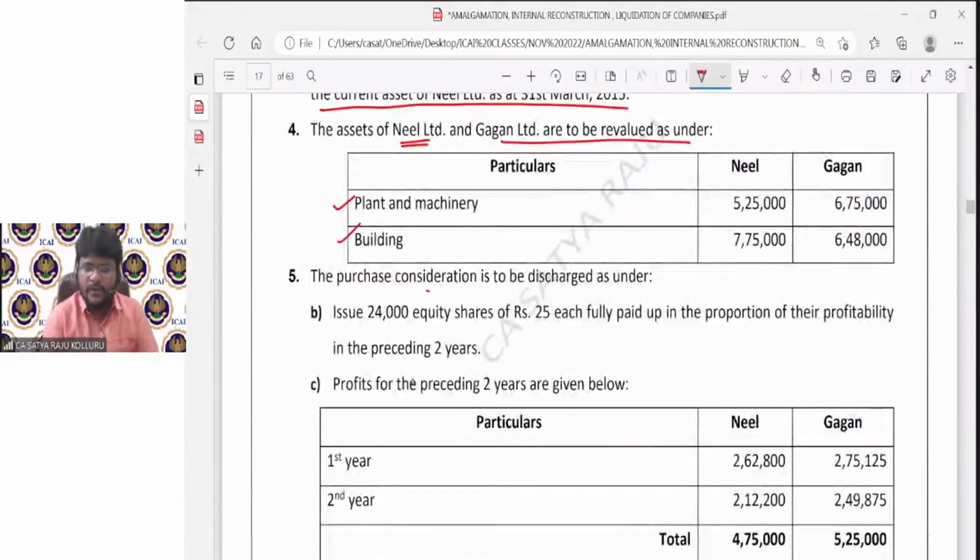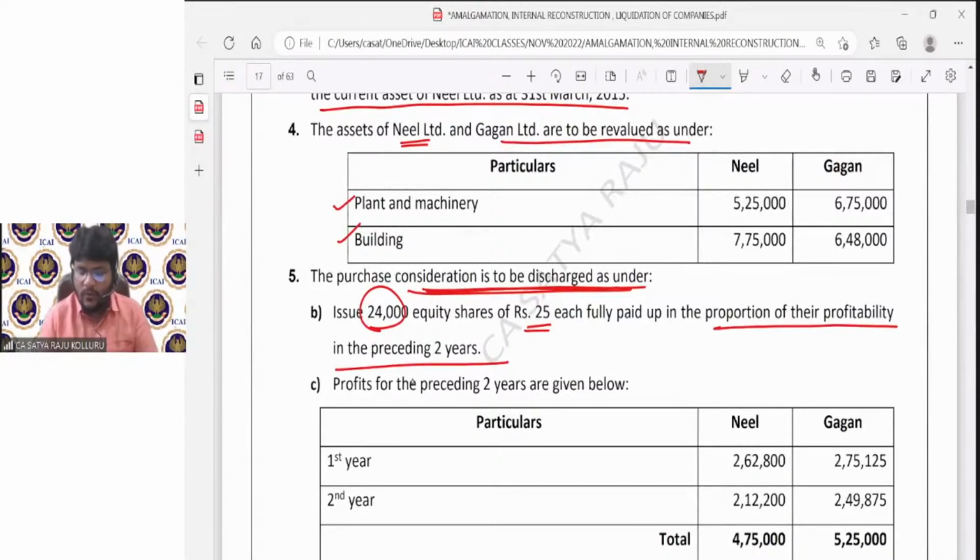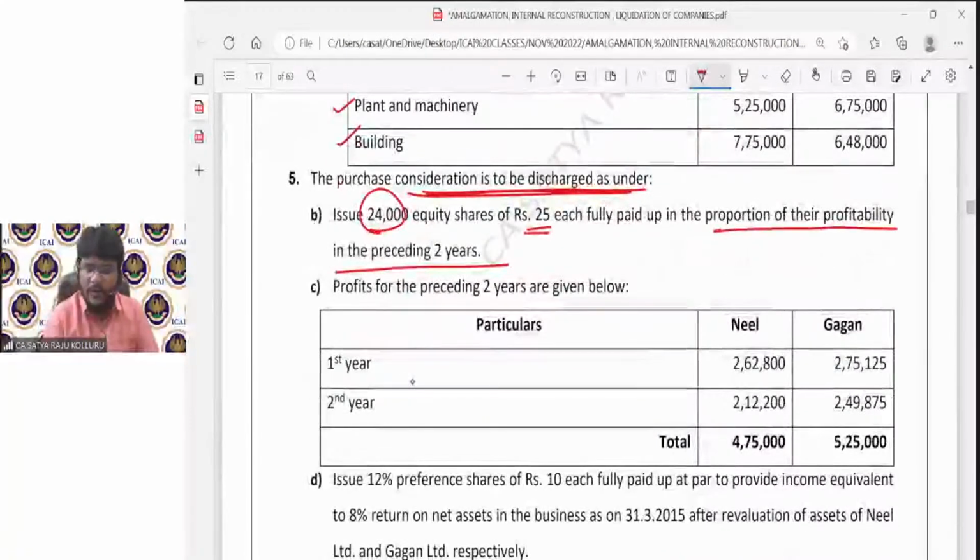The purchase consideration is to be discharged as under: issue 24,000 equity shares of rupees 25 each fully paid in proportion of their profitability in the preceding 2 years. Profits for the preceding 2 years are given below. First year profits are given, second year profits are given: 4,75,000 and 5,25,000.